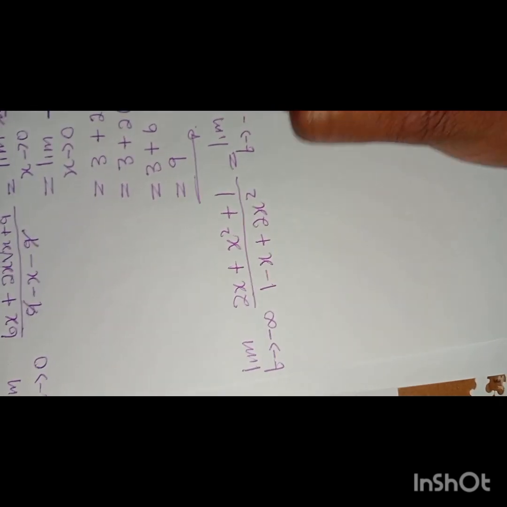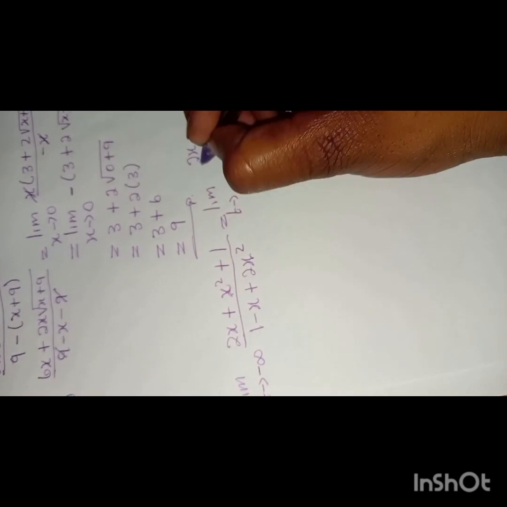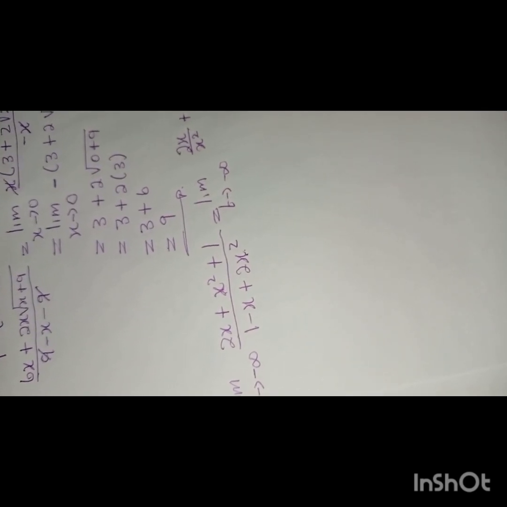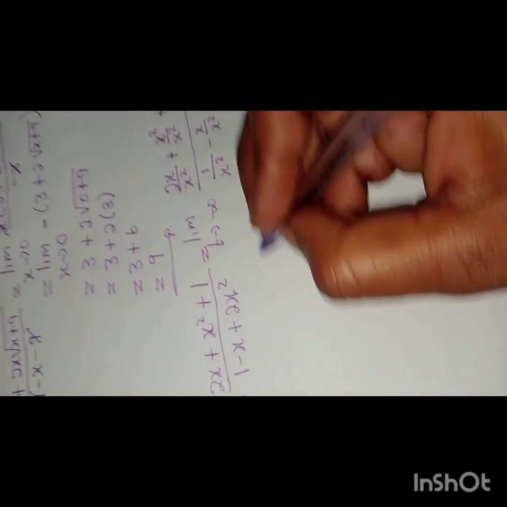Here you can see we can divide by the highest power, x squared: 2x over x squared plus x squared over x squared plus 1 over x squared, all over 1 over x squared minus x over x squared plus 2x squared over x squared.